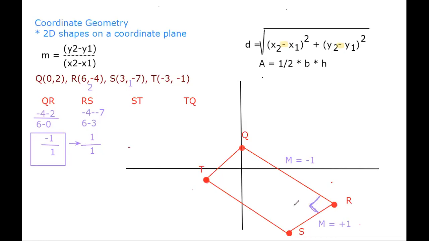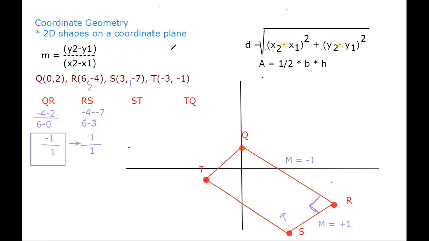Now, you could come over here and see if QT had a slope of a +1. And then we need to know, does ST have a slope of -1 as well? So is ST parallel to QR? If ST is parallel to QR, then it's also perpendicular to RS.